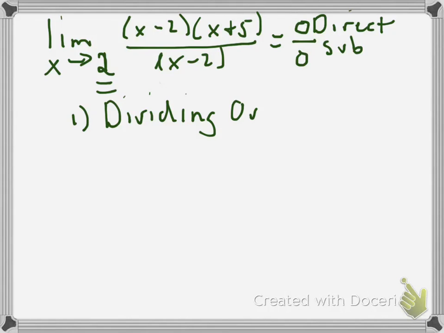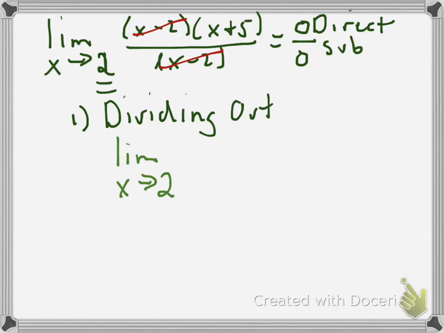Now, with the dividing out technique, we simply are going to take out these two values, alright, and we get a remaining function, and we take the limit of that. This is known as expanding the function, alright, and eliminating the factors.